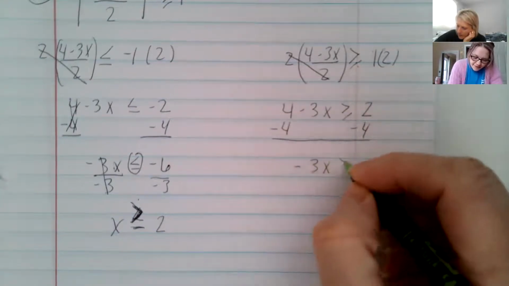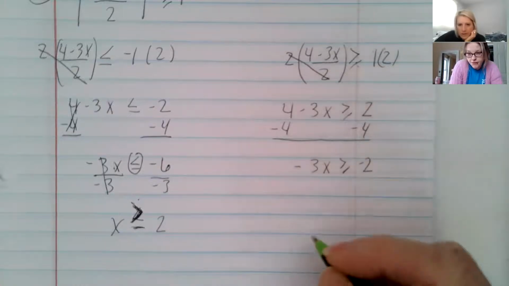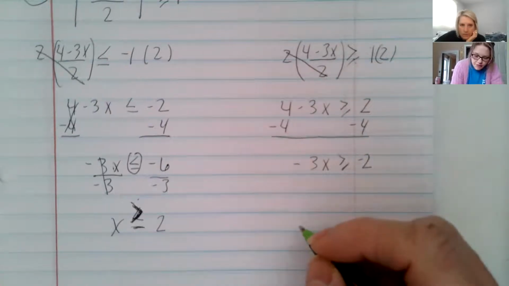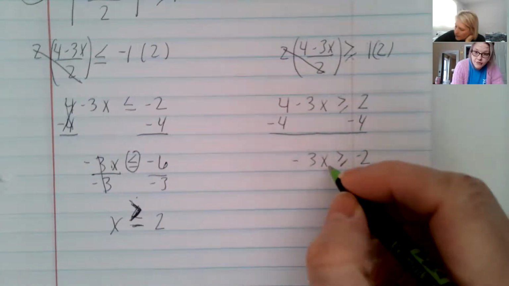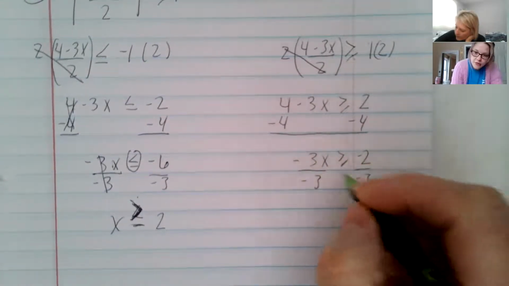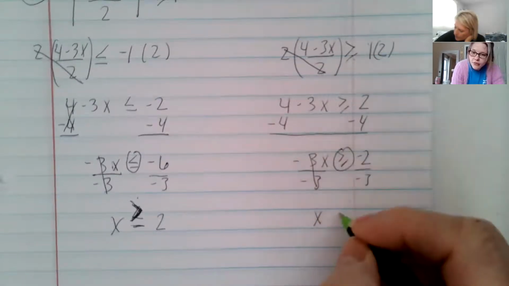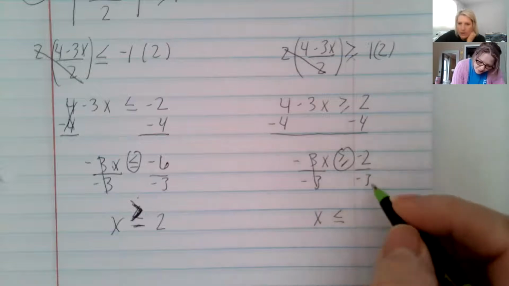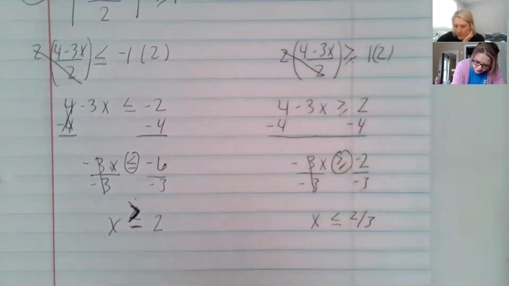So negative 3x is greater than or equal to negative 2. And I'm going to divide by a negative 3. And again we've got to flip the symbol, so x is less than or equal to negative 2 divided by negative 3, which gives us a positive 2/3.